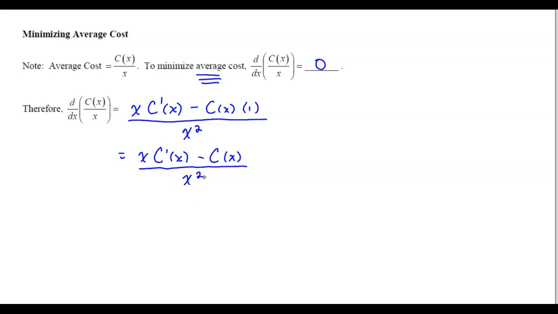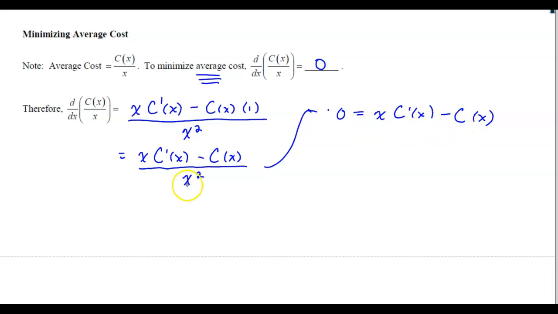Then if we set that equal to 0, we don't look at the denominator, but that denominator tells us that we can't have 0 objects, because you can't divide by 0, right? But if we set this equal to 0, then take a look.